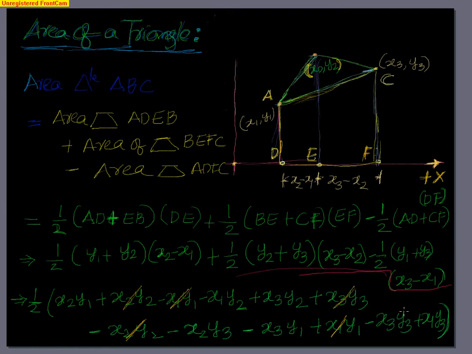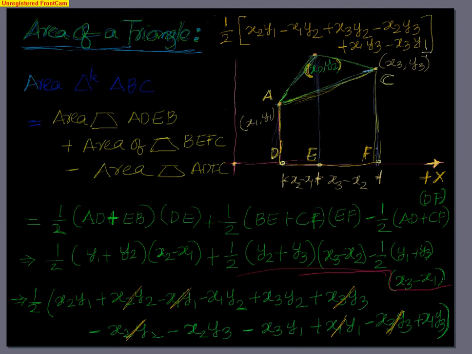So this becomes half into x2 y1 minus x1 y2, x1 y2 plus x3 y2 minus x2 y3 plus x1 y3 minus x3 y1 plus x1 y3 minus x3 y1. That is what it is, right?